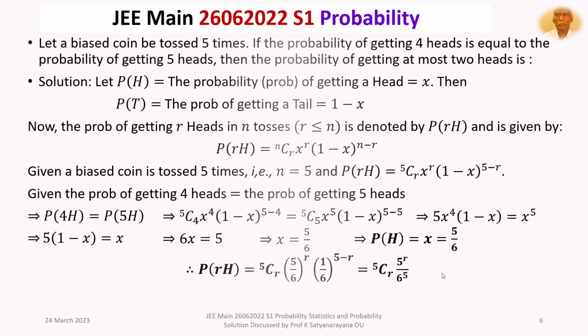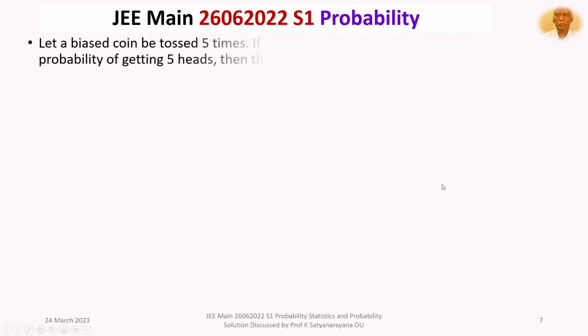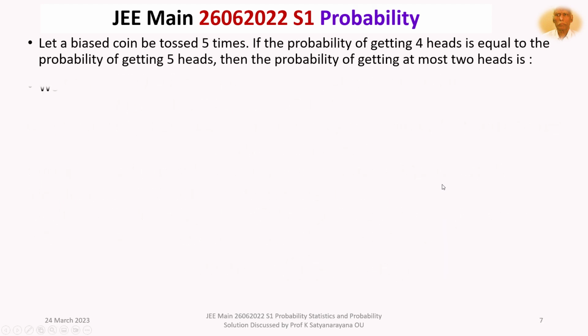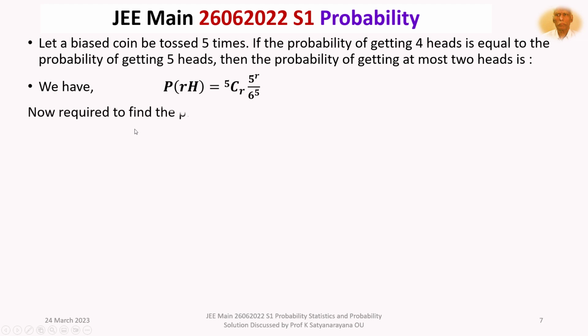We continue the discussion in the next slide. We have the probability of getting r heads in 5 tosses as 5Cr into 5 power r by 6 power 5.